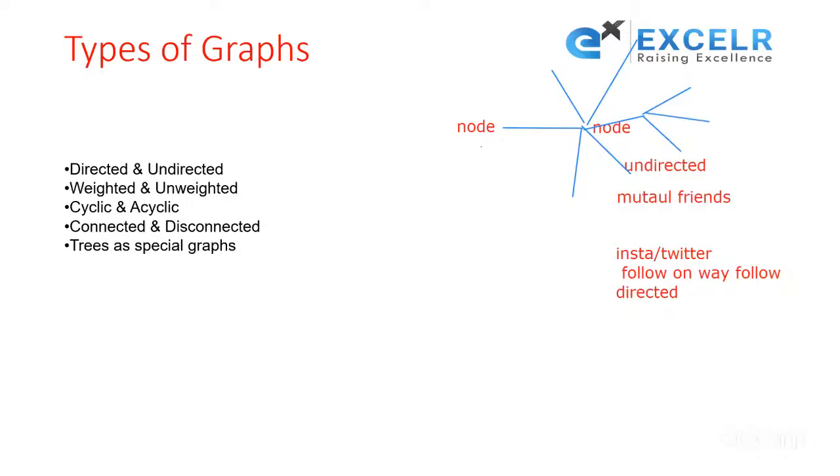Similarly, if someone is here, you will get a friend suggestion of him because he is connected to your friend. Sometimes you will get a suggestion of one, sometimes of another. Because they are connected with your friend, there is a link between your friend and them, so you might get a mutual friend relationship, or friendship suggestion, from these. Because there is a connection, it is because of the graphs.